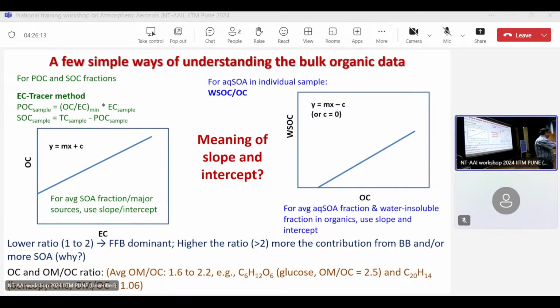Fresh aerosol is considered 1.6. Aged aerosol, more aging. What happens in aging? Hydrogen is removed, oxygen comes in. Understand the mass difference: one hydrogen removed, one oxygen added, 16 is added. So the mass changes. So 1.6 to 2.2. Depending on the situation, in an urban atmosphere use 1.6. If you are sitting in the Arctic or Antarctic, with transported aerosol, then you can use a high ratio.